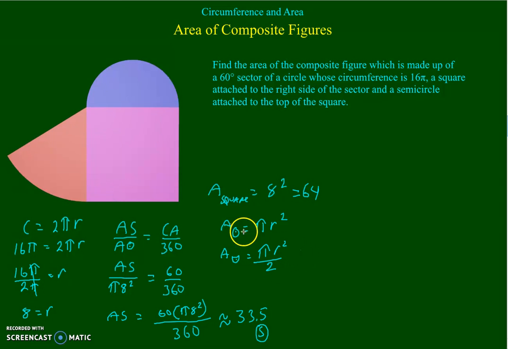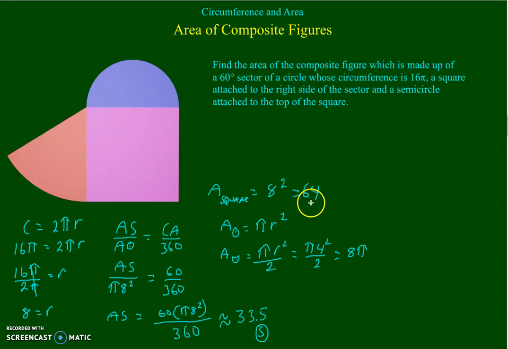And now since this length of the square is 8, the radius of that circle is half that length. So the radius is 4. So that gives us pi times 4 squared divided by 2. That's 16 divided by 2, which is simply 8 pi.